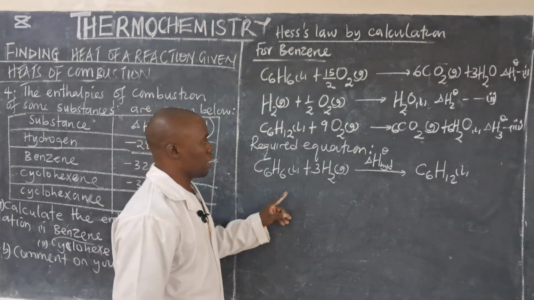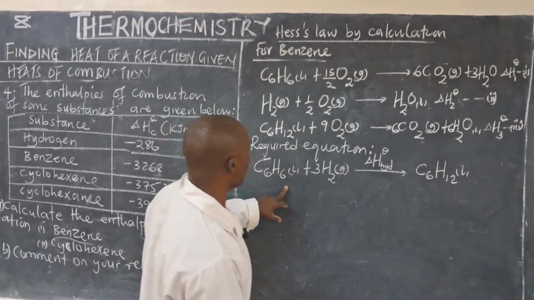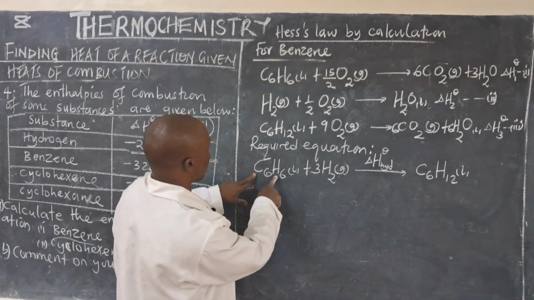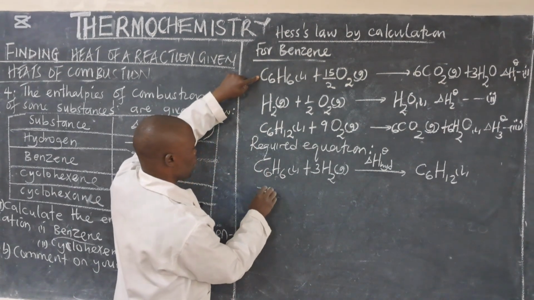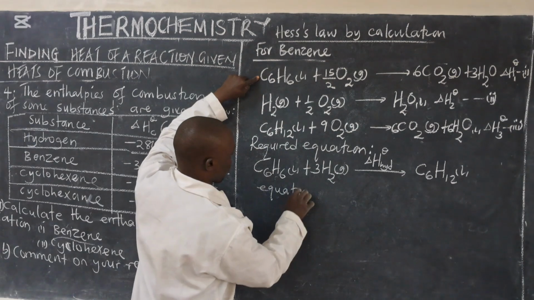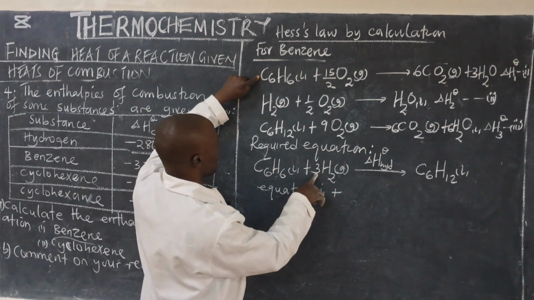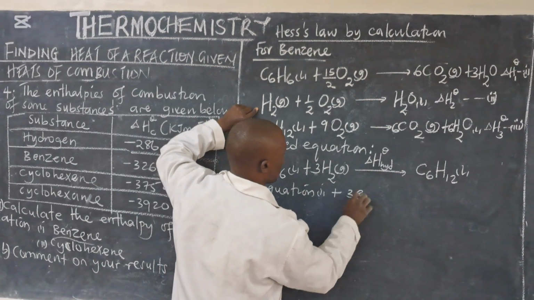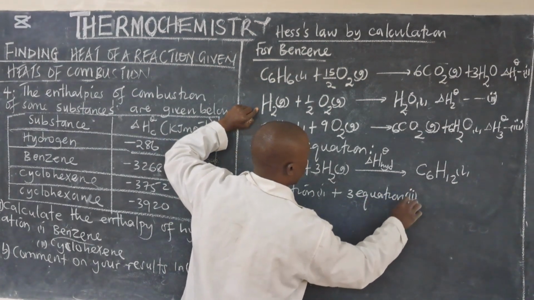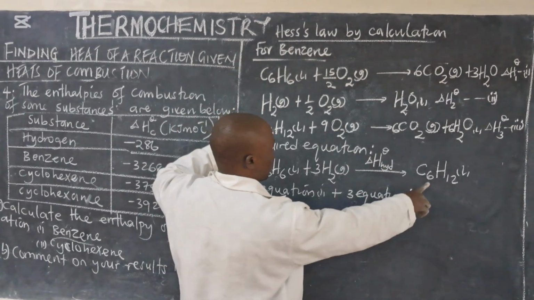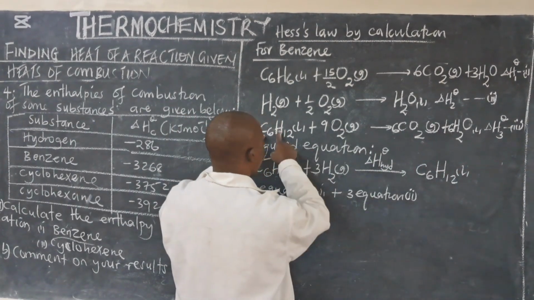So what I do, I just have to manipulate these equations to give me that, which is very easy. So what am I saying? I'm saying benzene this way. So it's this equation. So that will be equation 1. Now what am I adding? 3 times this one. So 3 times equation 2. Then cyclohexane is on the other side, so I'm going to reverse this.